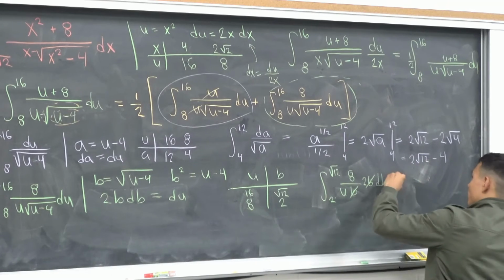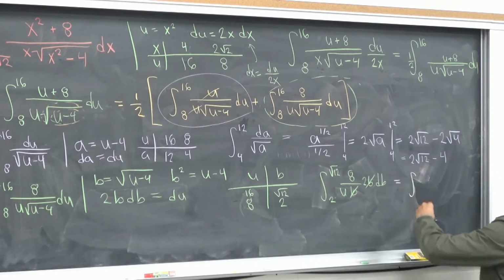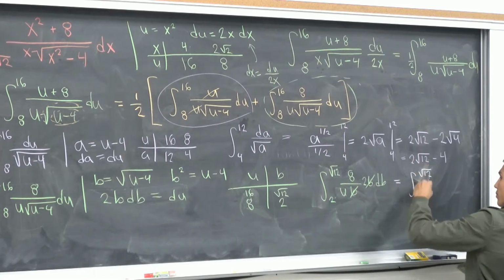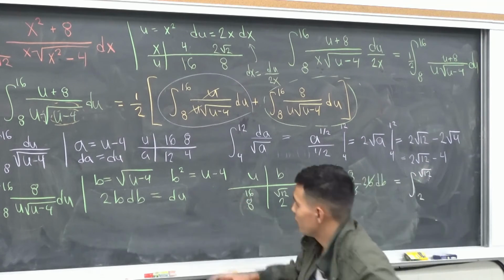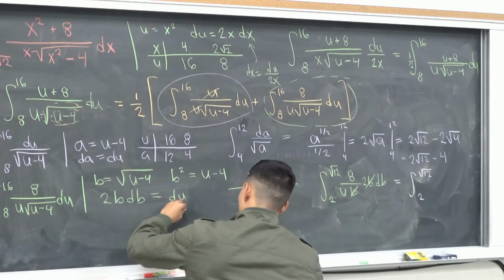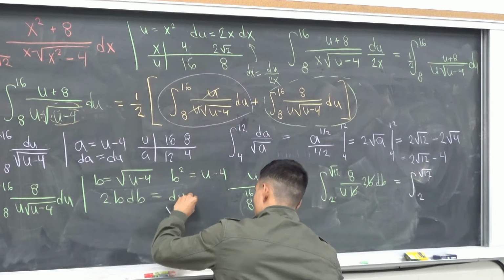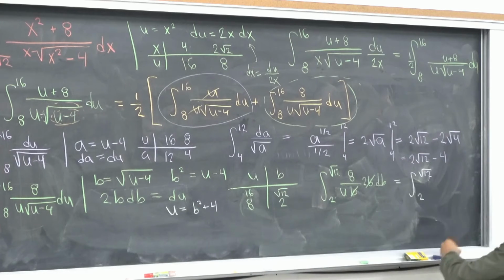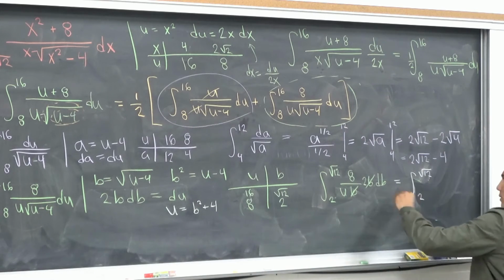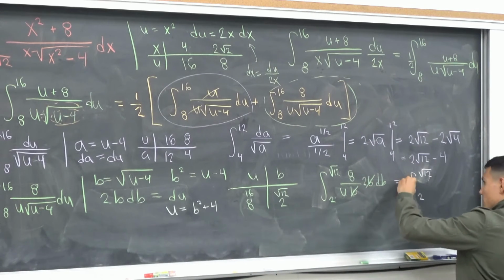Okay, so now we're left with this integral, which is from square root 12 to 2, and look, it's u. Well, what is u? Okay, well, u itself, in this case, is b squared plus 4. So don't make the mistake of getting rid of everything. And by the way, this is 8 times 2, 16.